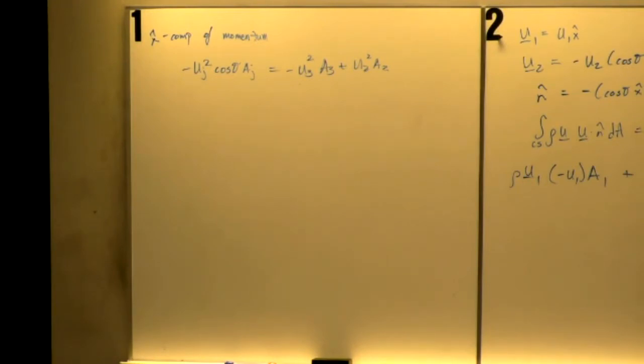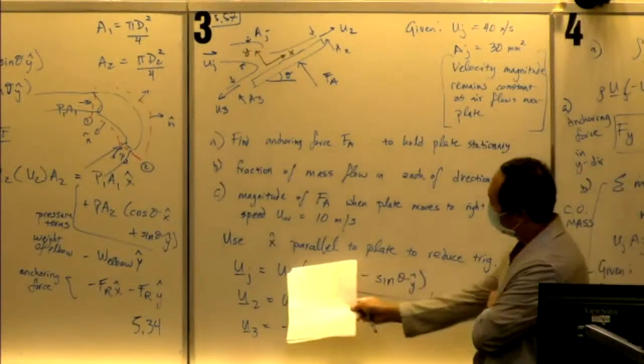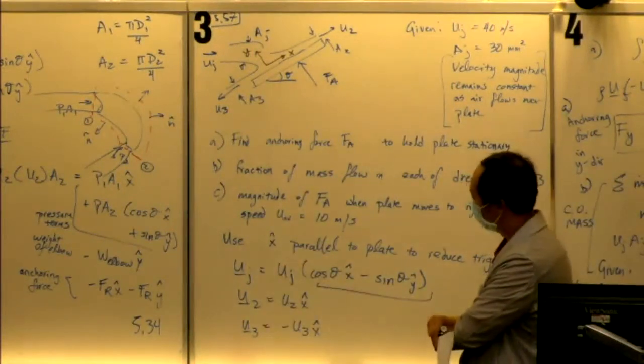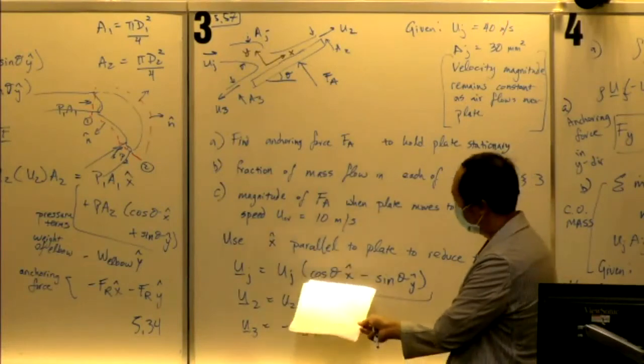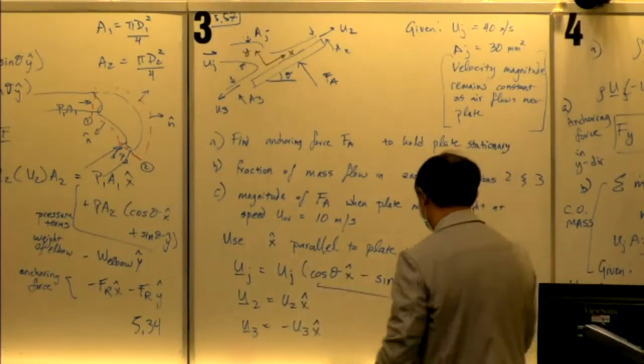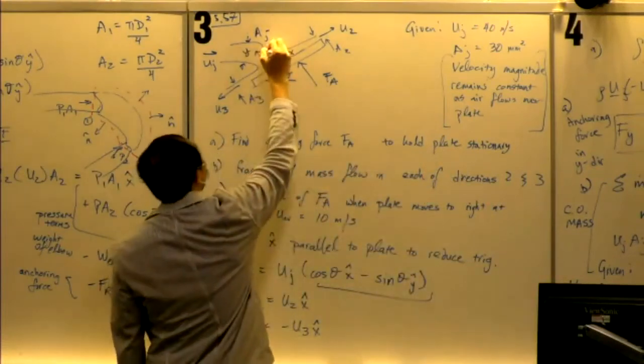For this problem, let's go to this board so people can actually understand what we're talking about. Anytime you've got the velocity vector going in one of these directions, we've always designated that n hat is going to be just parallel to it or opposite.